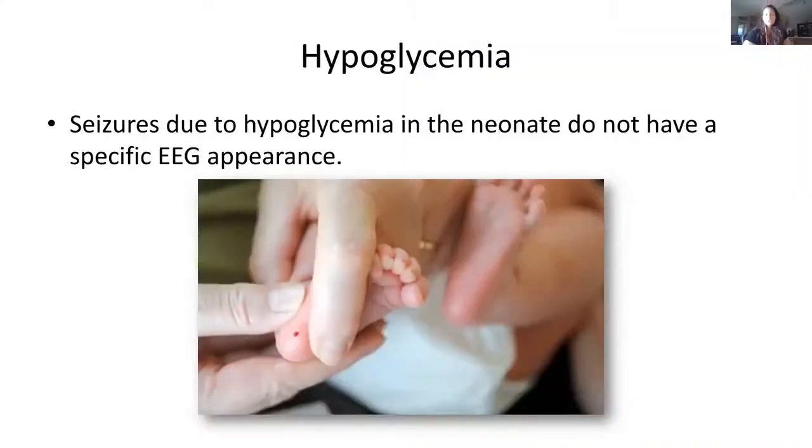Another metabolic situation that we encounter a lot in our NICUs, right, is hypoglycemia. And seizures due to hypoglycemia don't really have a specific EEG pattern, so there's not a specific morphology when we look at that. But certainly we know that hypoglycemia is a hot topic, right? And we wonder if babies are having more transient hypoglycemia than we know.